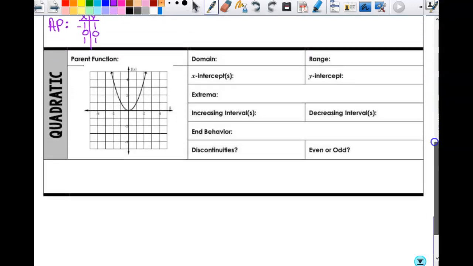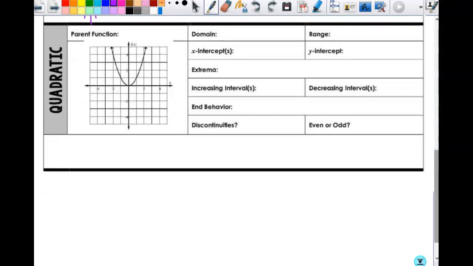All right, quadratic. My parent function would be f of x equals what? X squared. So these three are for sure anchor points. However, that's the same three I just used for the absolute value. And so if I don't have more than that, I don't necessarily know how my curve needs to go.